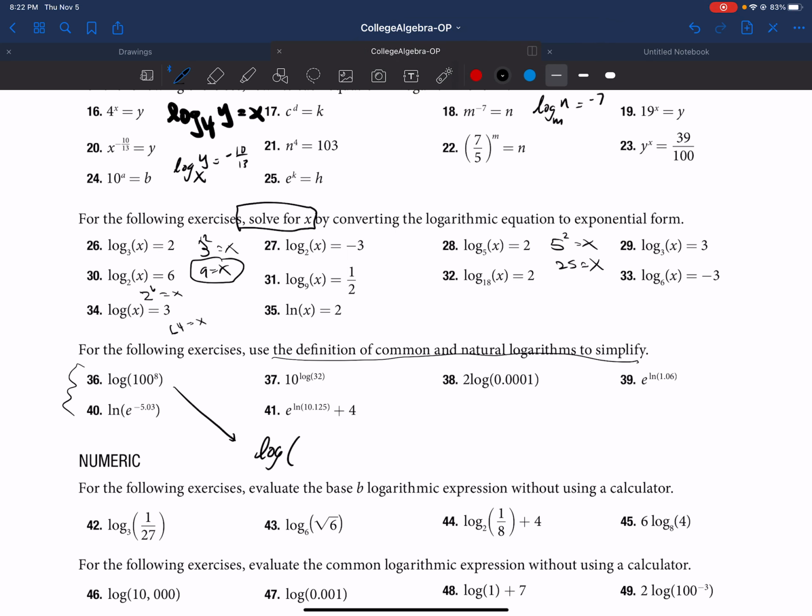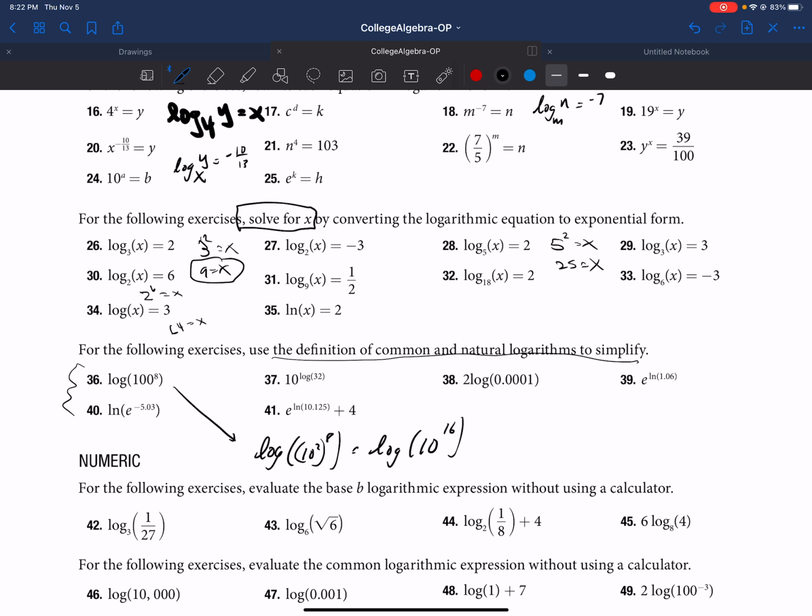But 100 is 10 squared. So I can make that 10 squared to the 8th power. And now, how do you take an exponent to another exponent? You multiply the exponents. And so this then becomes log of 10 to the 16th power.